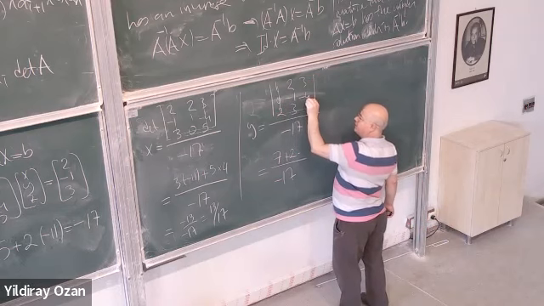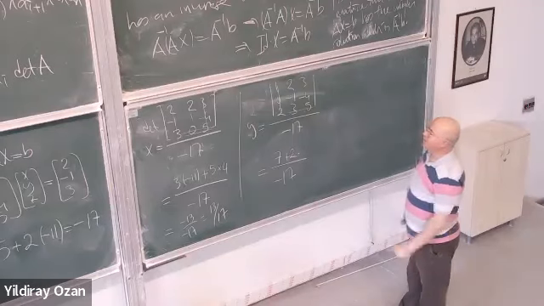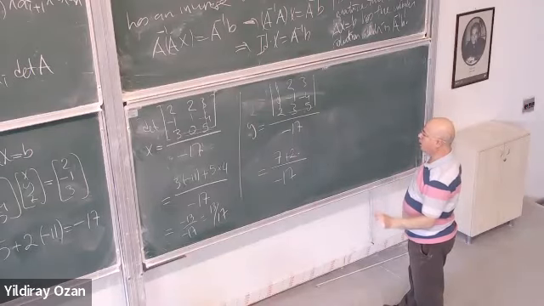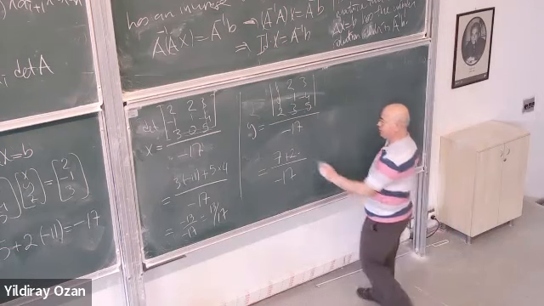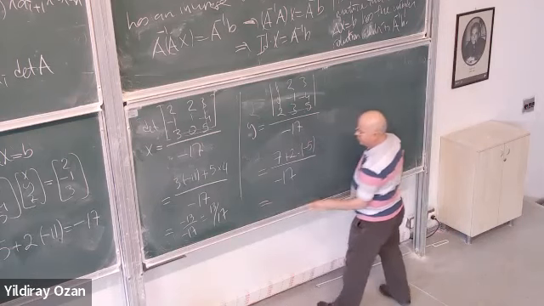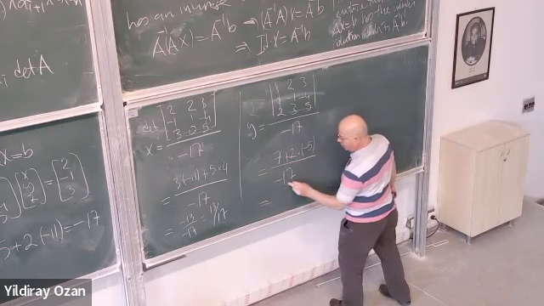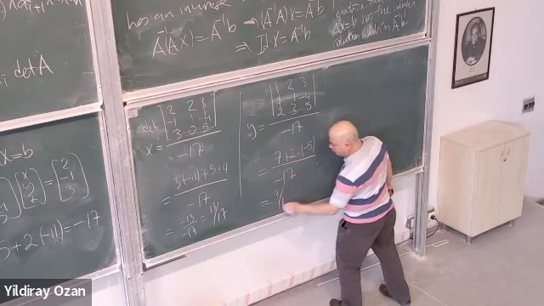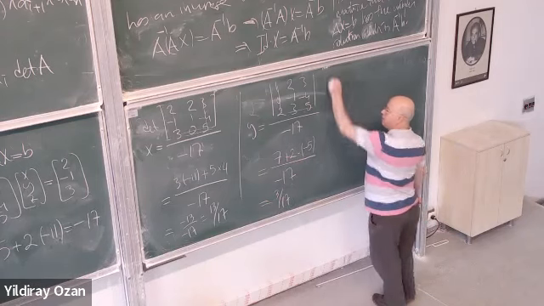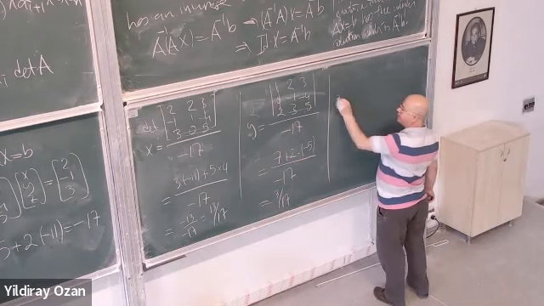So minus 8 minus minus 3, so plus 3, therefore minus 5. Minus 5. So this is minus 10 minus 3, divided by this, so 3 over 17. So y is that given, and what about z?